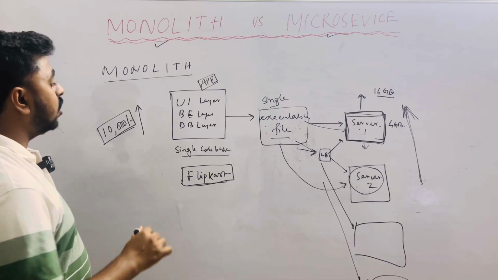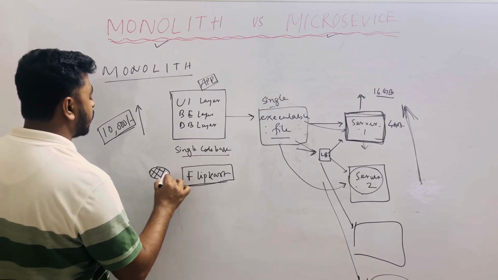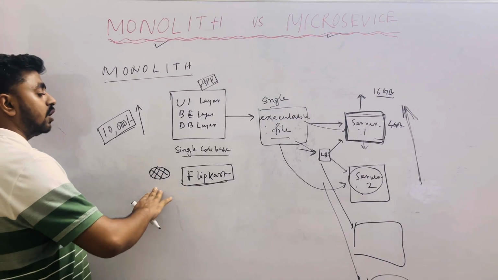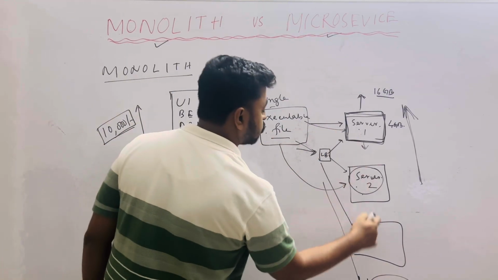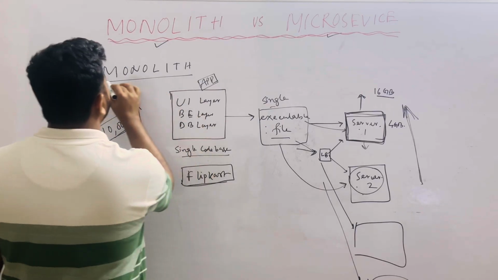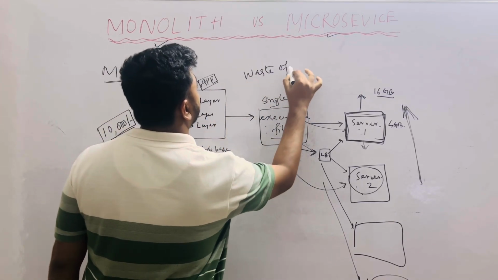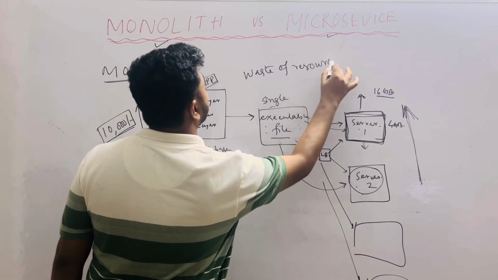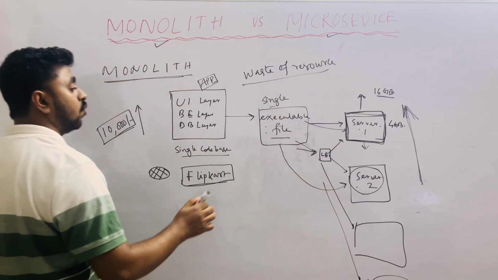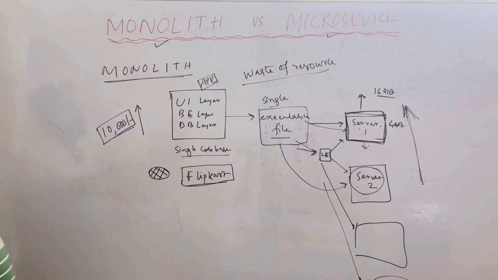Even though only one part of the code base, one part of the functionality, has more load, you are deploying the whole application onto multiple servers. This is why in monolith applications there is a waste of resources. In terms of scalability, you have to scale the whole application instead of a part of the application. So this is one problem.